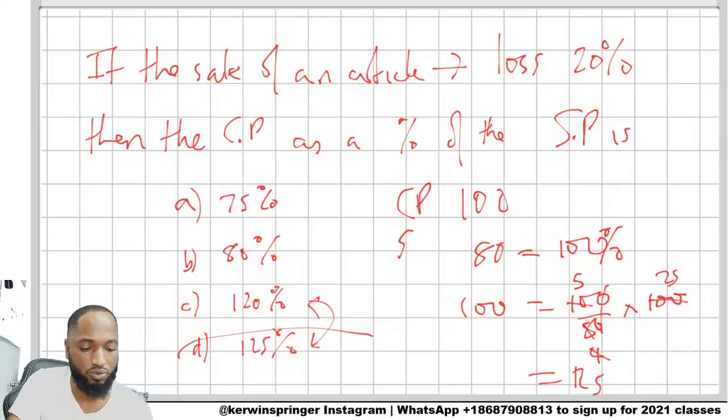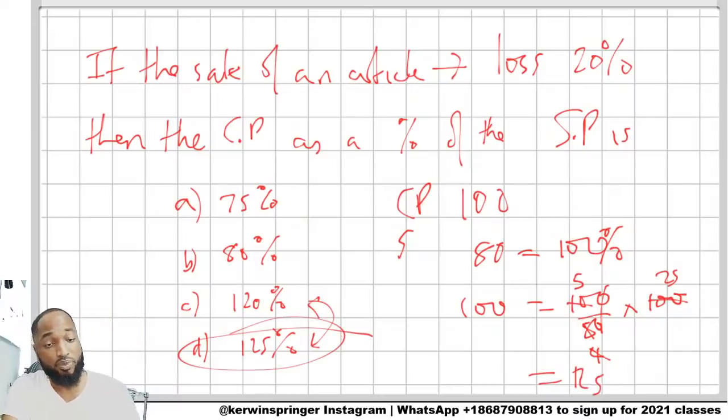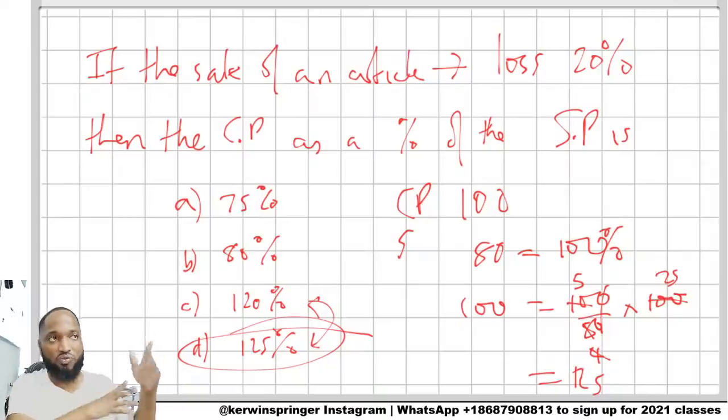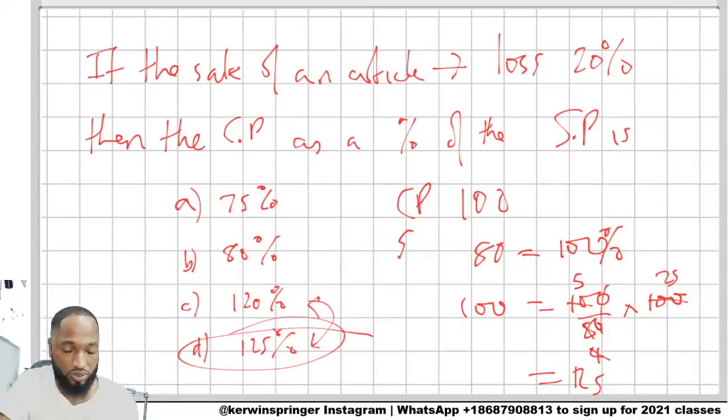Yeah, the answer is 125. I already knew the answer was 125 because if you do the percentage backwards, it's not going to give you 20% extra, so it's obviously the next answer, which is D. But I wanted to show you one way to actually work it out.